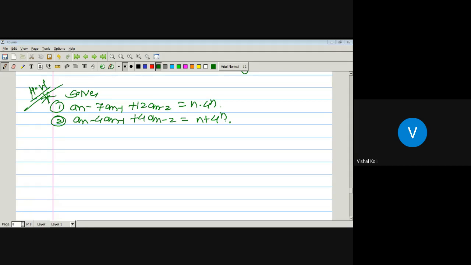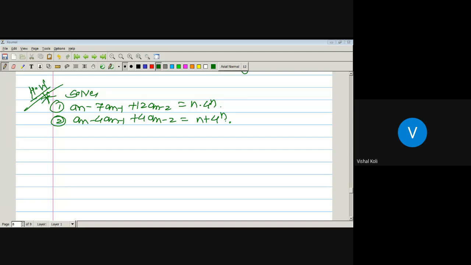And here we have 4 raised to n. It means that here we have to apply the case in which C is a root of our characteristic equation. So from that one we can easily find out the particular solution. And in the second example we have n plus 4 raised to n. That is, it is a polynomial of degree 1 plus 4 raised to n.